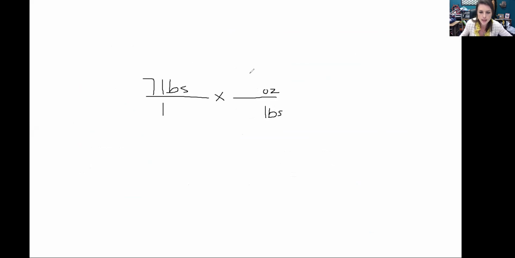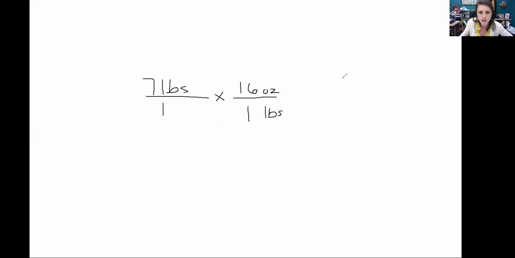It doesn't say that 1 ounce equals so many pounds, but it does say that 16 ounces equals 1 pound. So I still have a magic 1 in there. The only thing is that this time the 1 isn't on the top, but that's okay. So now all I'm doing is multiplying straight across, 7 times 16.